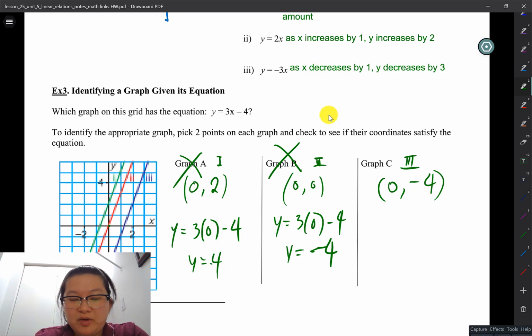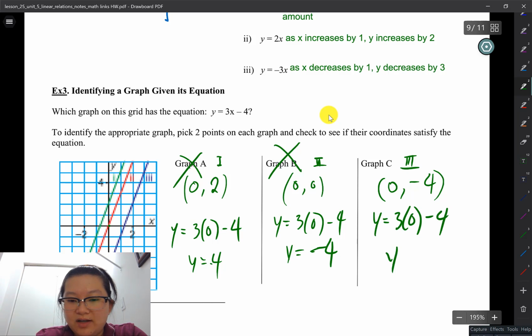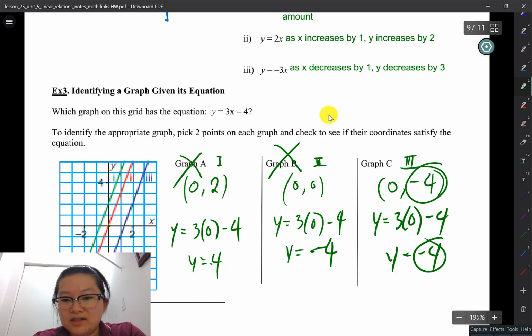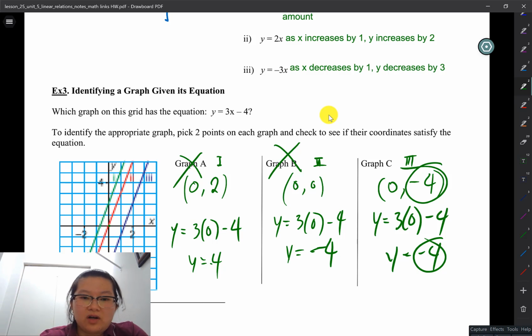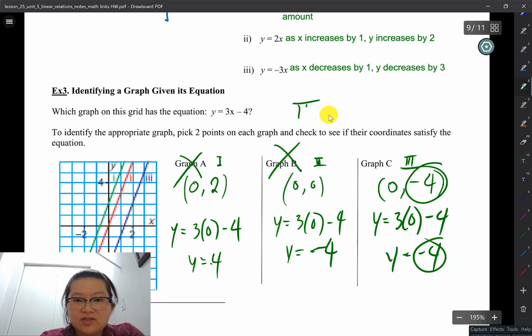If I put 0 in, hey, it does work, because y is equal to 3 times 0 minus 4, so y is equal to negative 4. And negative 4 matches our coordinates there, 0, negative 4. Therefore, graph 3 is our answer here.